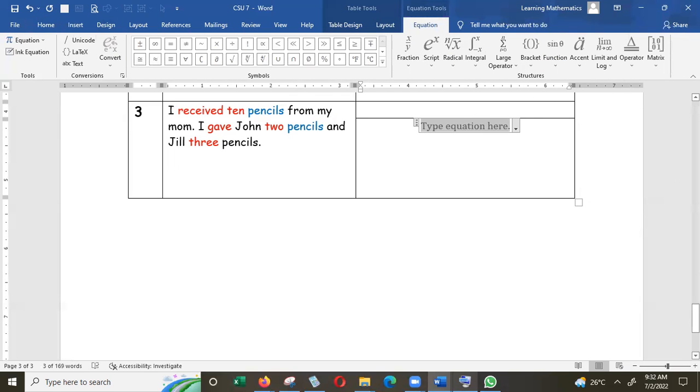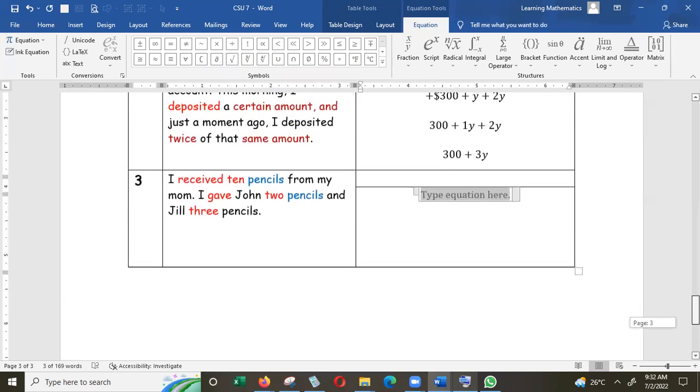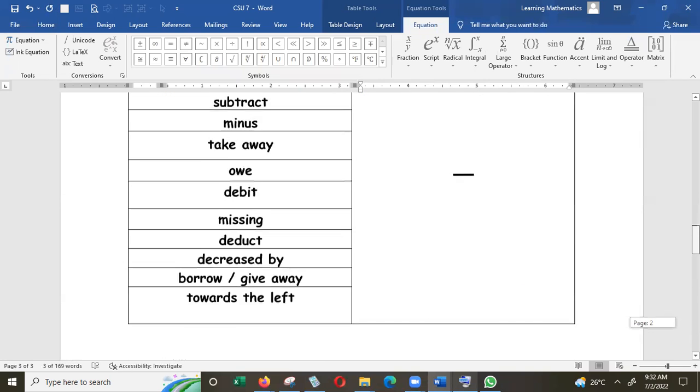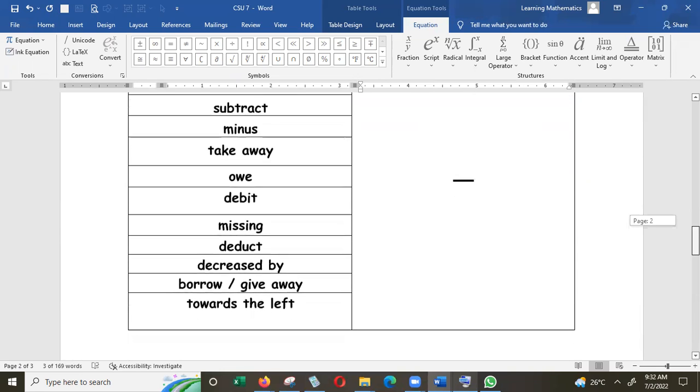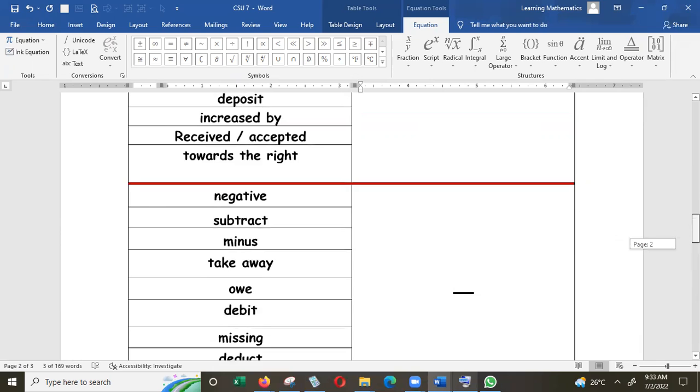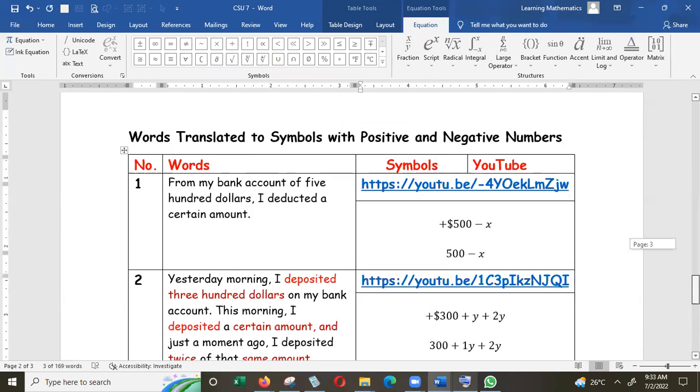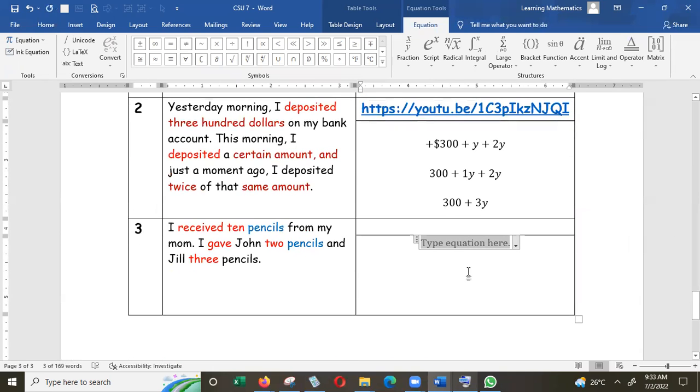The word receive is like to get in. It can be replaced with a plus sign. The word give, to give away, can be replaced with a minus sign or subtraction sign. So I received, that's a plus 10.